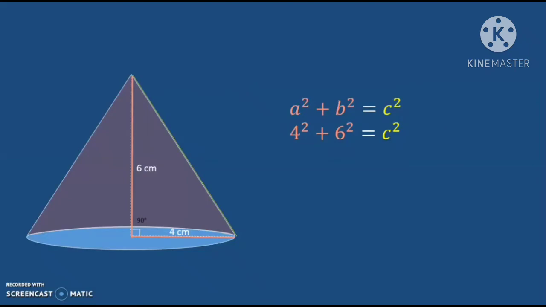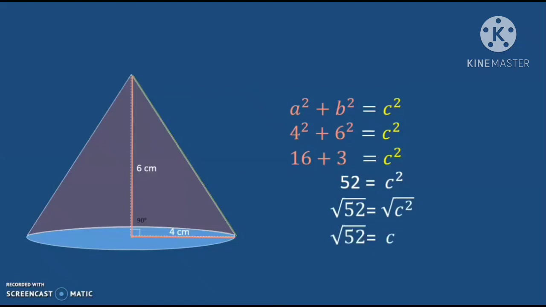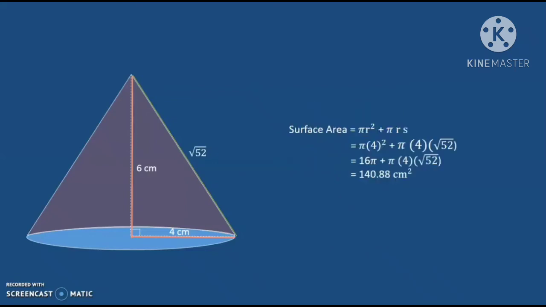6 centimeters squared equals c squared. Simplifying to 16 plus 36, which equals 52, we have 52 equals c squared, in which we square root both sides to get the square root of 52 equals c. So the length of the slant side is the square root of 52.